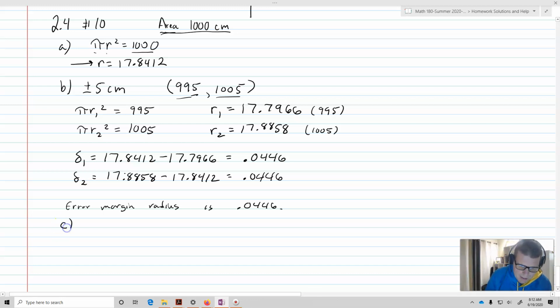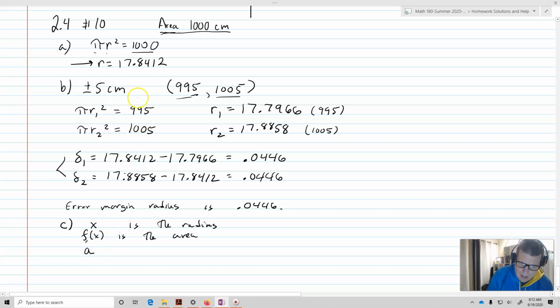Now for C, what it's asking for is, in terms of the epsilon delta definition of the limit as x approaches a of f of x equals L, what is x? Well, x is the radius. That's the one that we're going to find the deltas for. And what is f of x? F of x is the area. What is a?